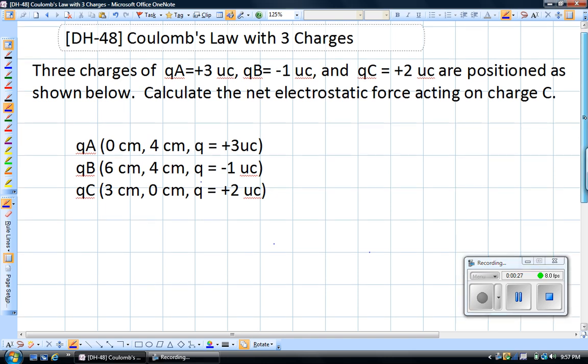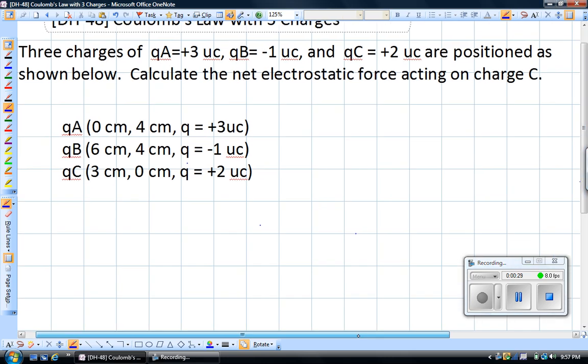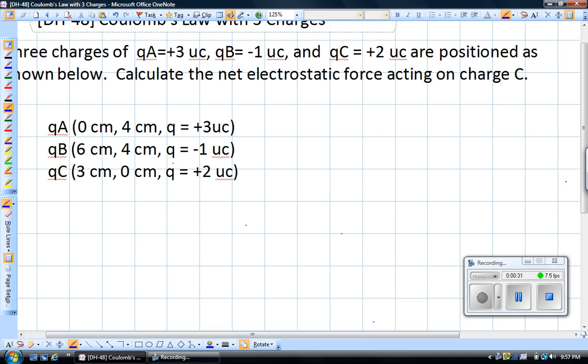So let's draw a picture that helps. It doesn't have to be to scale necessarily, but I've got the graph paper, so I thought I'd use it. We've got three charges. Let me draw C first. So let's make this 0. So 1, 2, 3, 0.